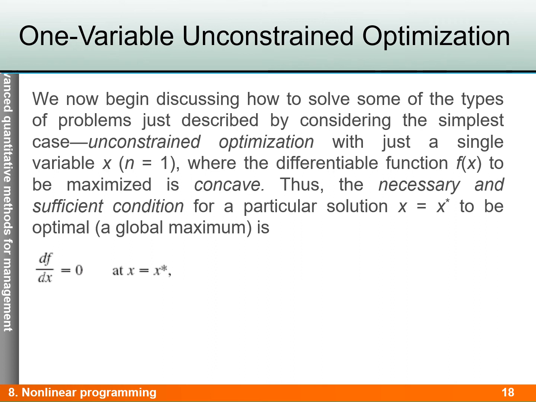That the necessary and sufficient condition for a particular solution x equal to x star to be optimal, a global maximum, as you remember the concept of local and global, is that the first derivative is equal to 0.